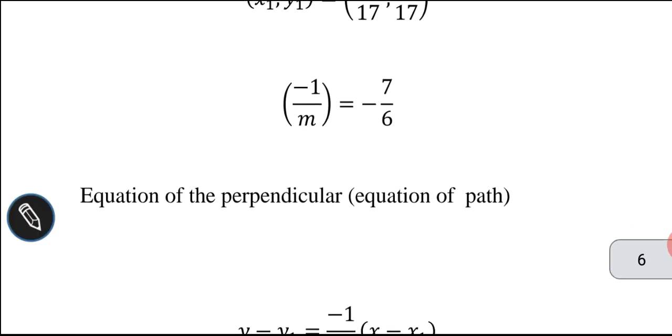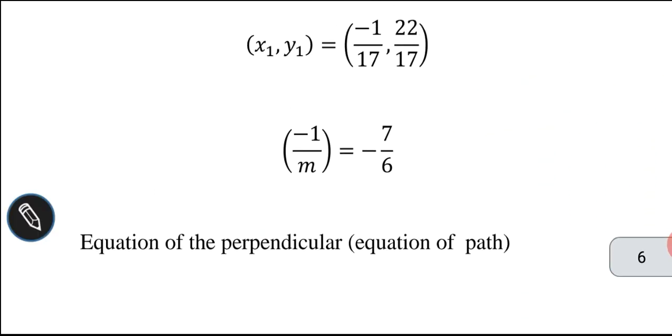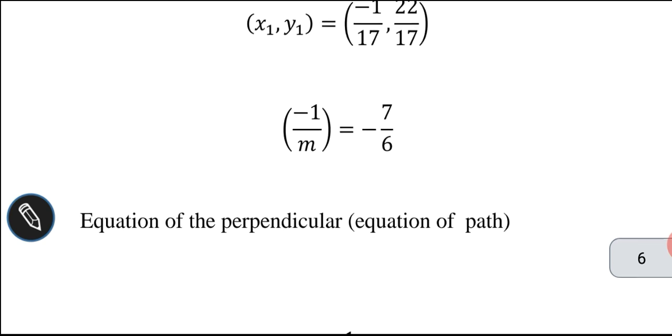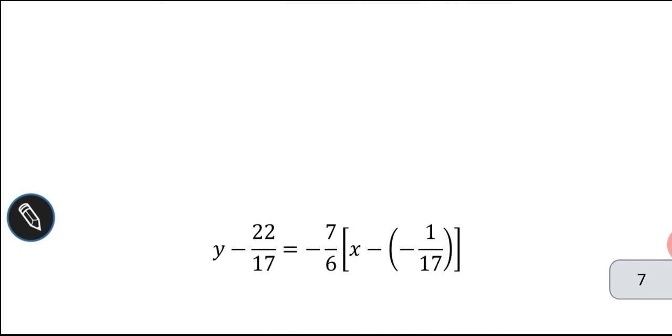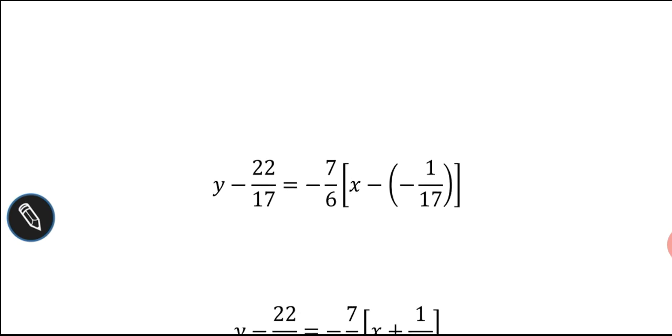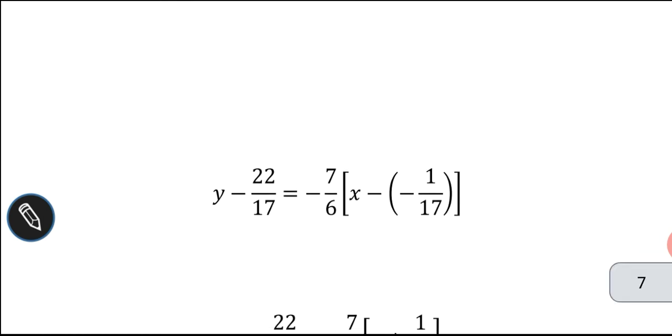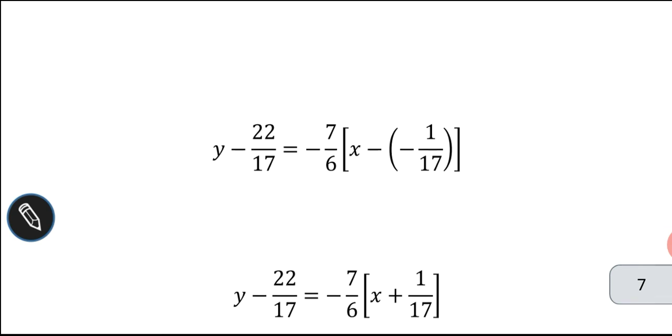So the equation becomes y minus 22 by 17 equal to minus 7 by 6 into x minus of minus 1 by 17.